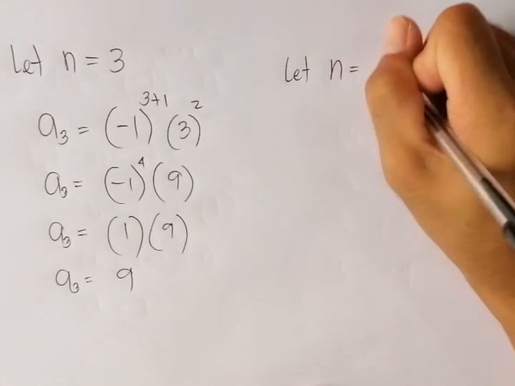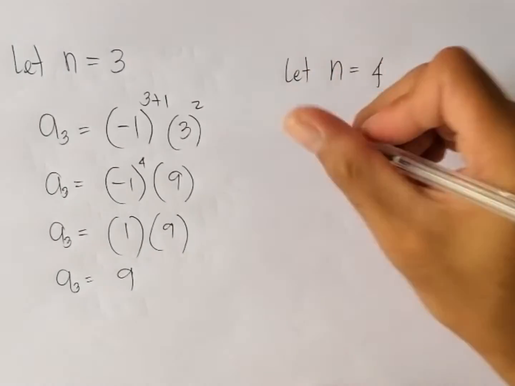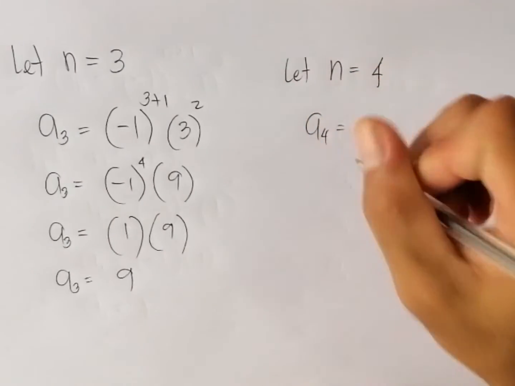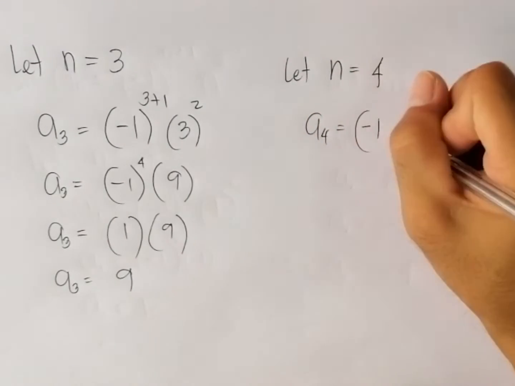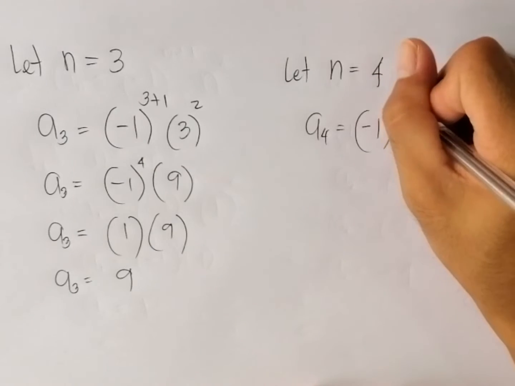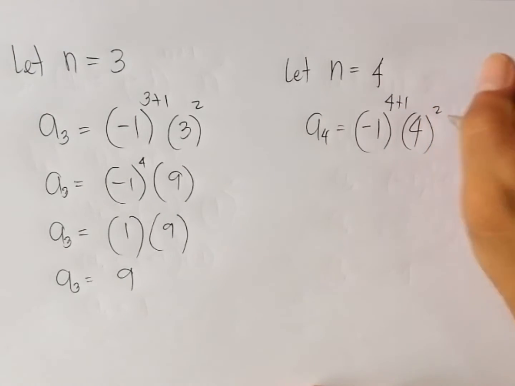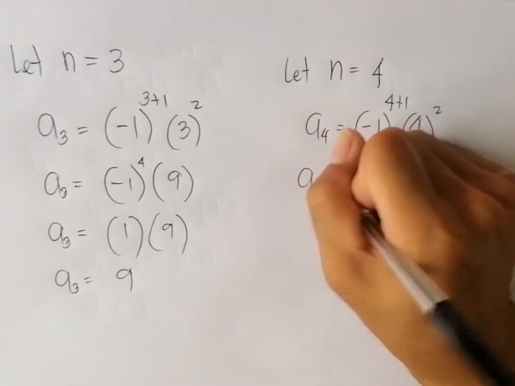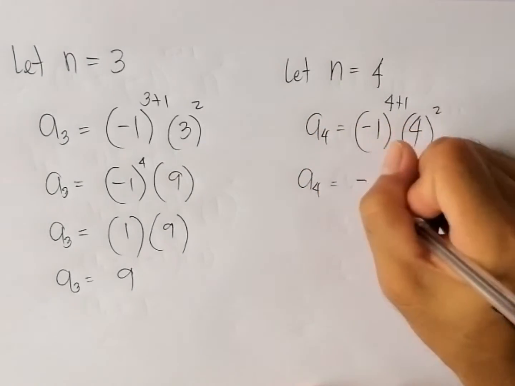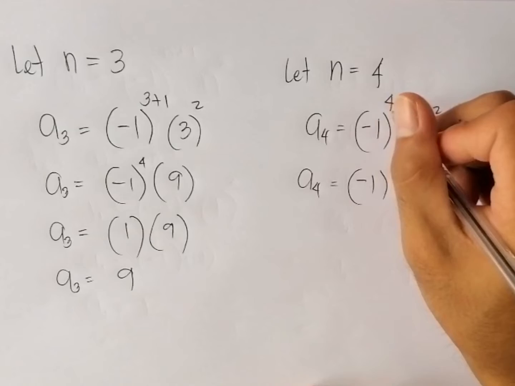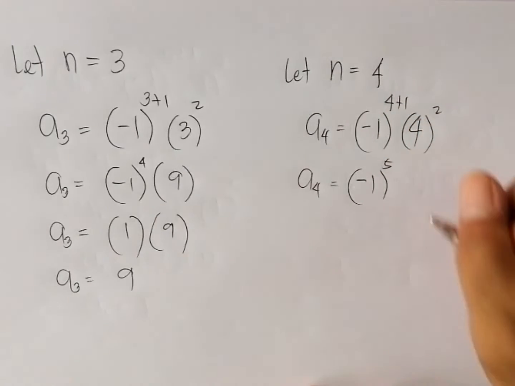Let n is equal to 4. A sub 4 is equal to the quantity negative 1 raised to the power of 4 plus 1 times 4 squared. So 4 plus 1, that is 5.